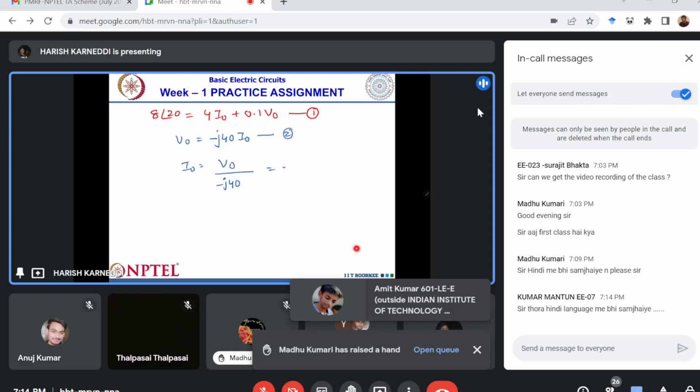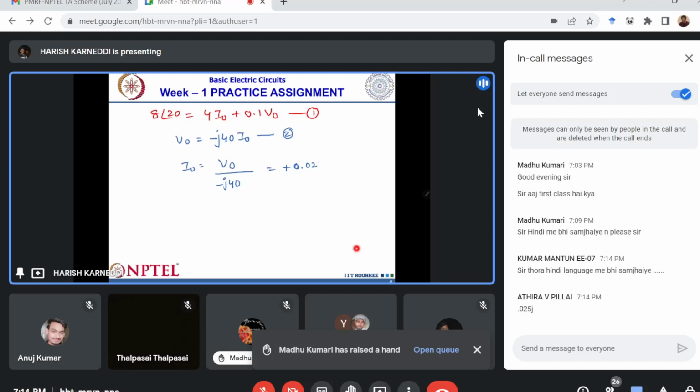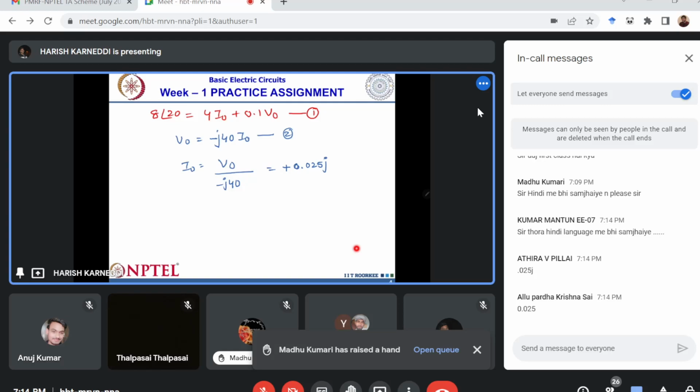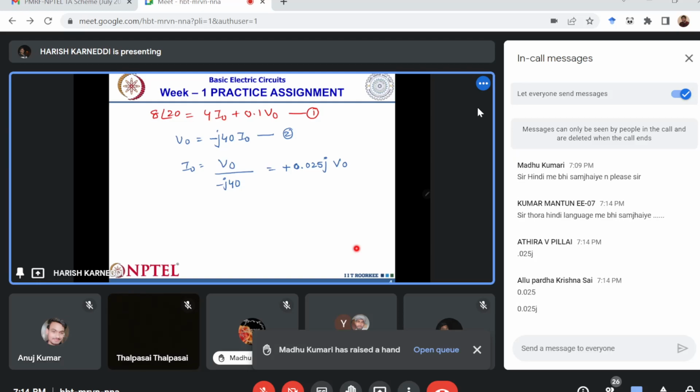That equals plus 0.025 J into V naught. Is it clear?